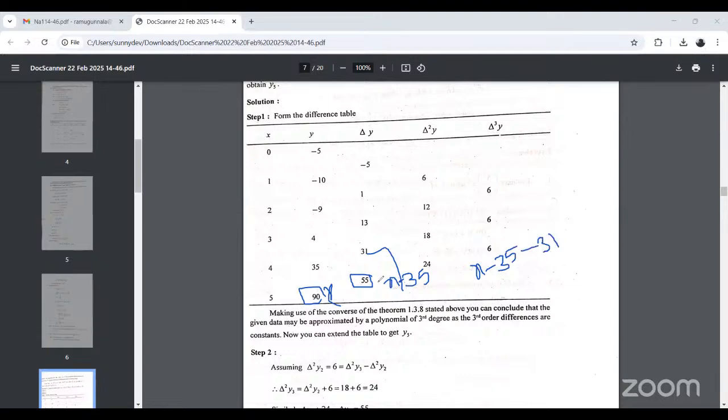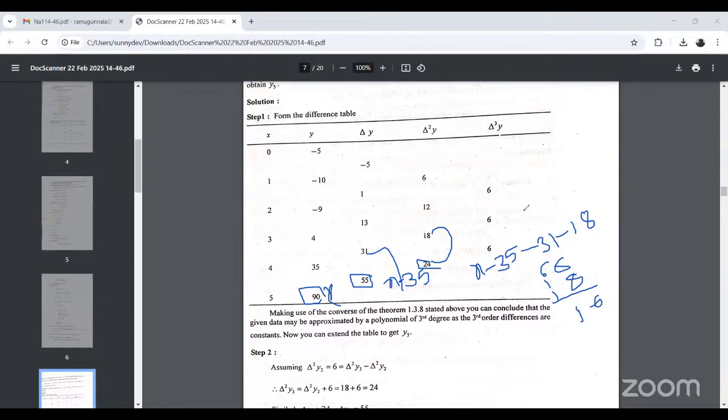So this value is x minus 35 minus 31. And similarly, again this becomes 18. The next difference becomes 18. So that answer becomes 66, and the 88, 96.